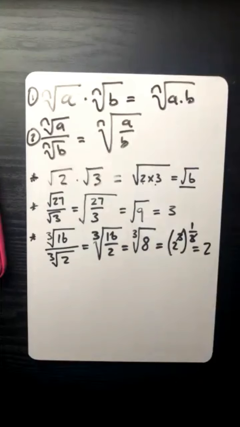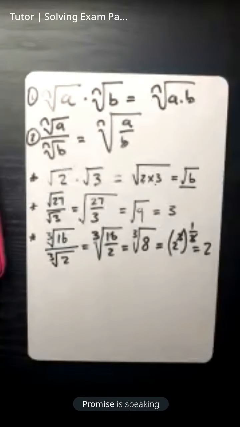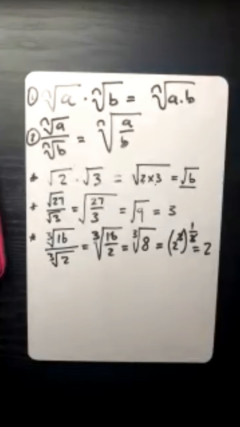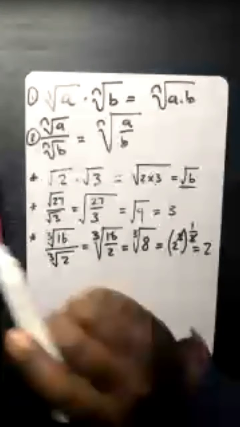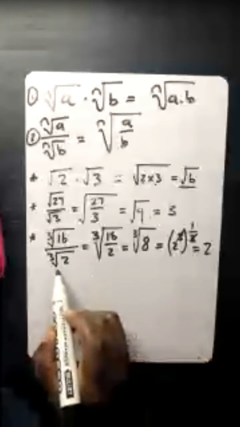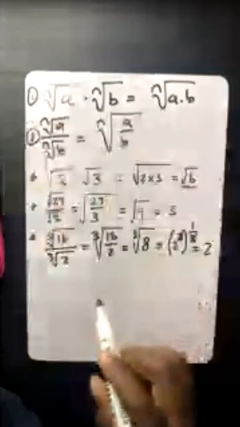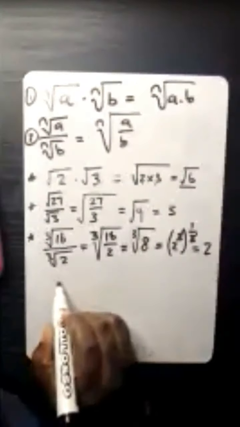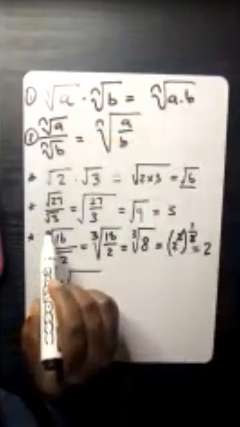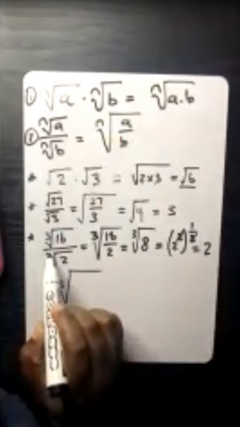Or is there someone who would like an explanation on that one? Sir, please explain. Okay, so remember, we are using law number 2 or rule number 2, which says you've got 3, which is that over there, because the 3 there is the same as that 3 at the bottom.